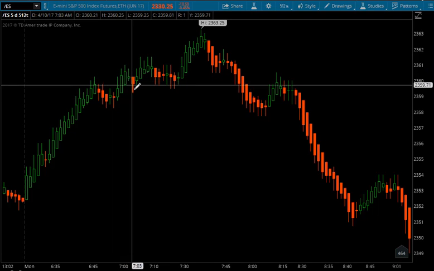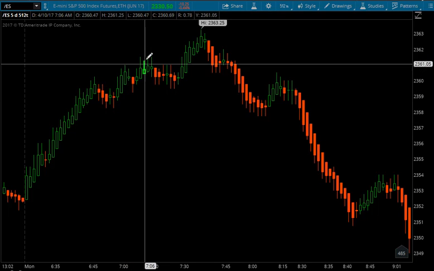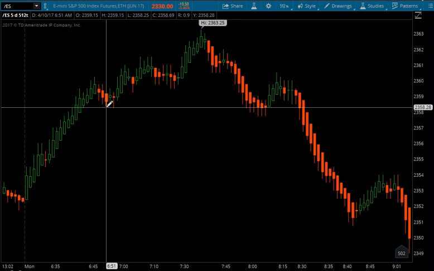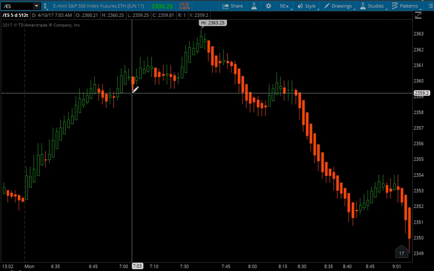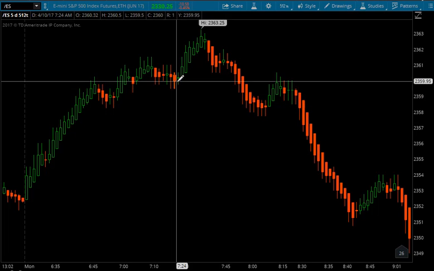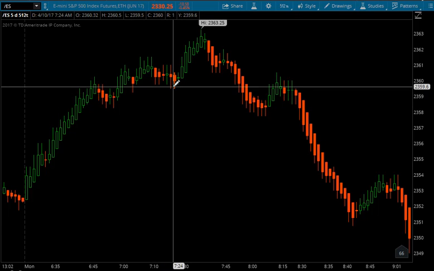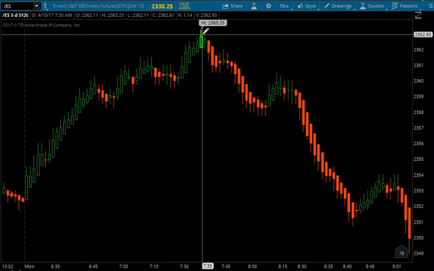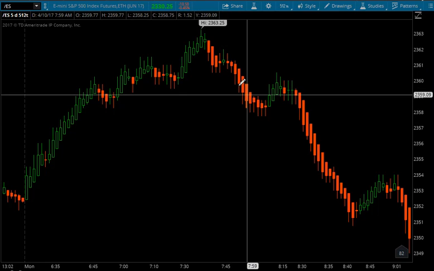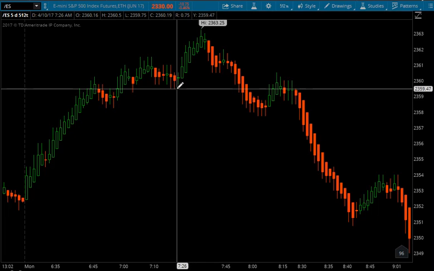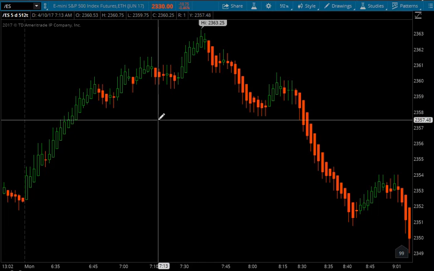Once the market pulls back, makes a new high again, then you can move your stop from one tick below the previous swing low up underneath the current swing low. Market pulls back, and the key is it needs to make a new high before tightening your stop once again. Market makes a new high, it pulls back, except this time it pulls back and takes you out at that previous swing low.